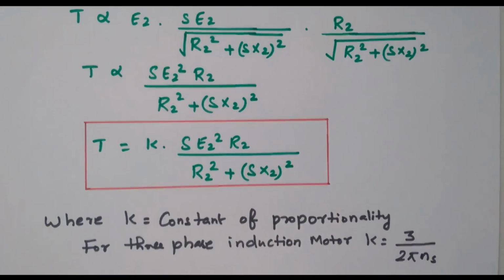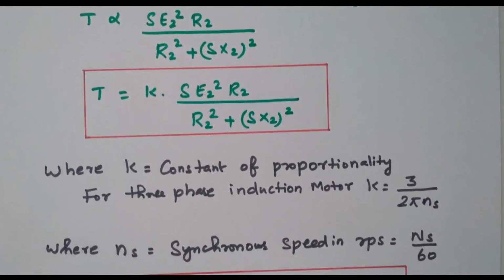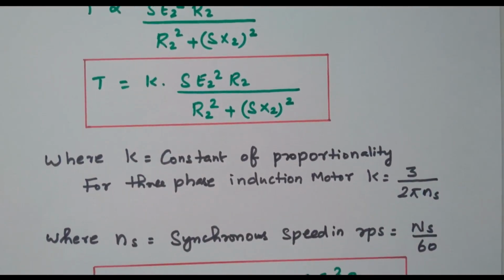Now we'll see what K is. K is nothing but the constant of proportionality. While equating any proportionality, we need to introduce the constant. The constant value is 3 divided by 2π ns, where ns is the synchronous speed in RPS, that is N divided by 60. So K is 3 divided by 2π ns for a 3-phase induction motor.